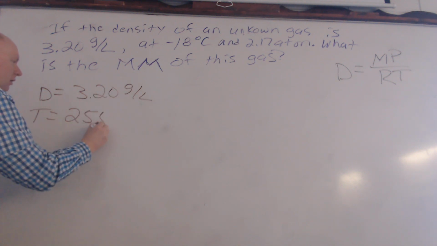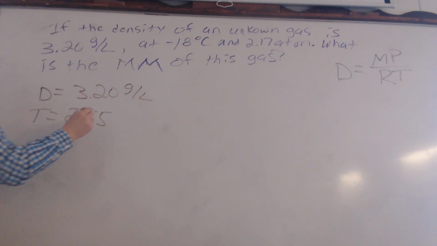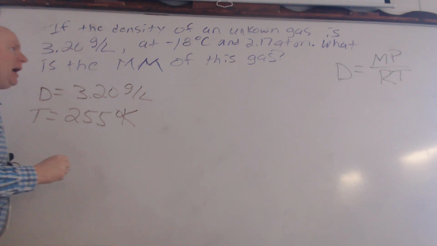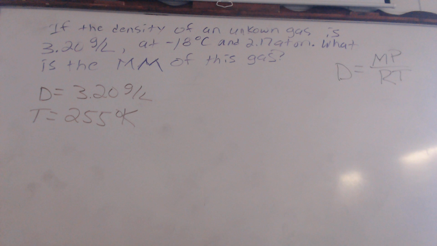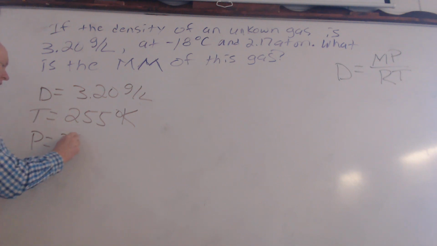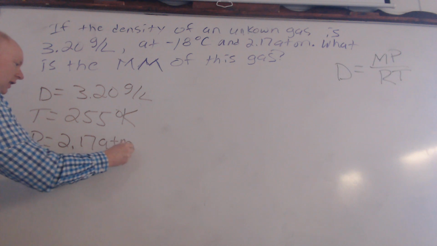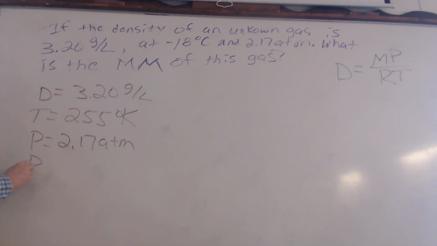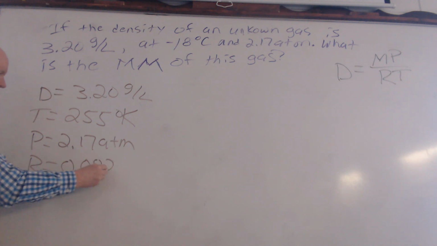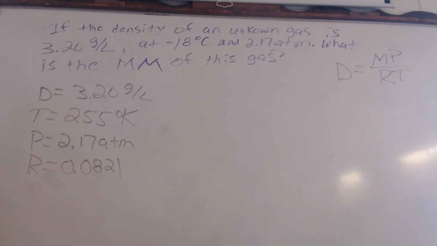Now, you're doing the math in your head, which is great. You are subtracting 18 from 273, or if you wanted to add a negative 18 to 273, you get the same thing, which is 255 degrees Kelvin. Pressure has got to be in atmospheres, 2.17 atmospheres, okay? Because that's our constant.